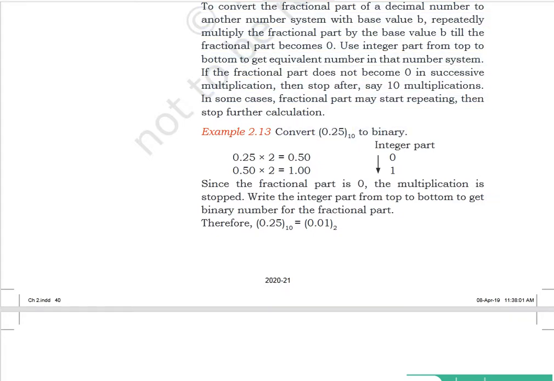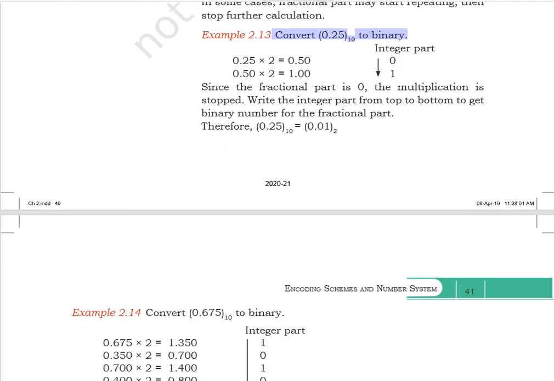Here is an example: convert 0.25 to the base 10 to a binary number. Now see, this is a fractional part, 0.25. Now we have to convert the decimal number to its equivalent binary number. The base of the decimal number is 10 and for binary it is 2.